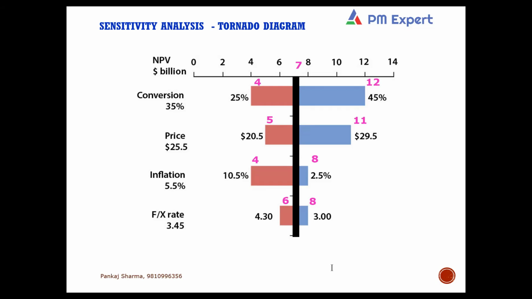Now, I have shown you a scenario, but it does not mean that in a sensitivity analysis the objective will always be profitability. Can this objective be something else? Let's say I remove this.